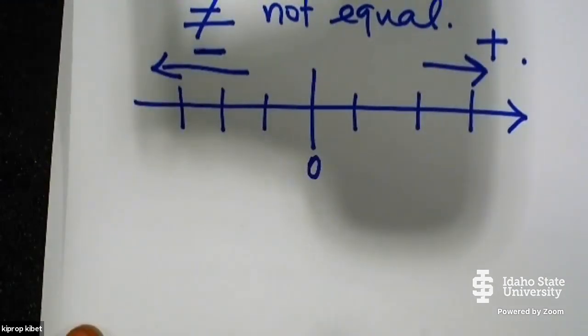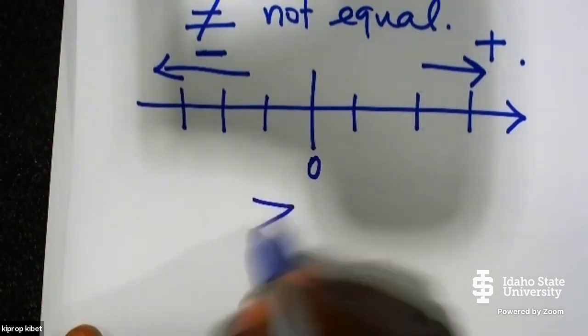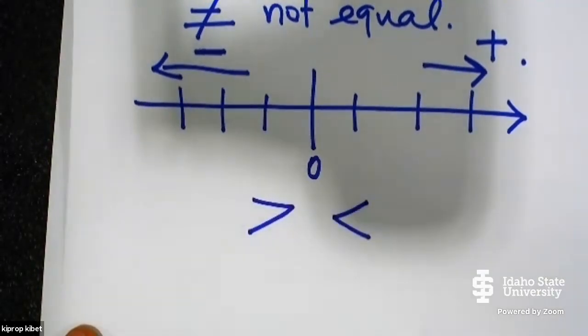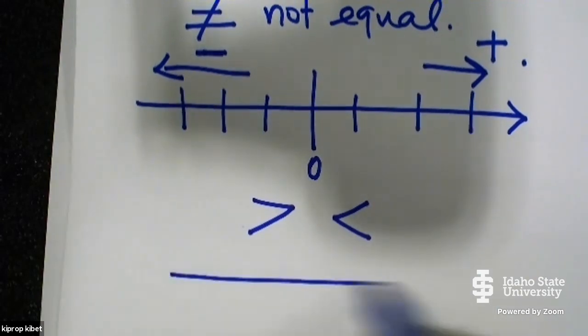Okay. So when we are representing this greater or equal to in the Cartesian plane, some of the books use this way.